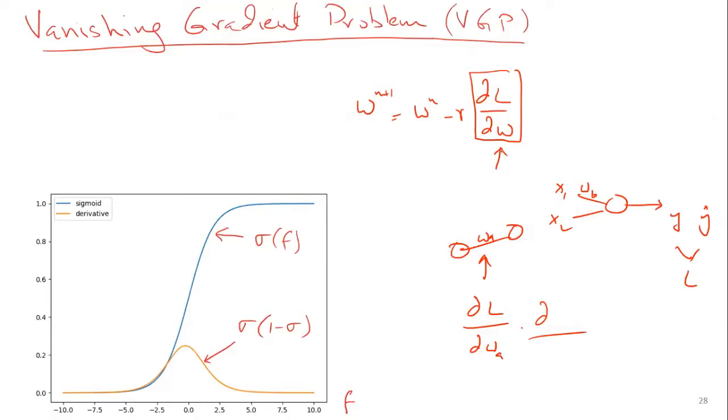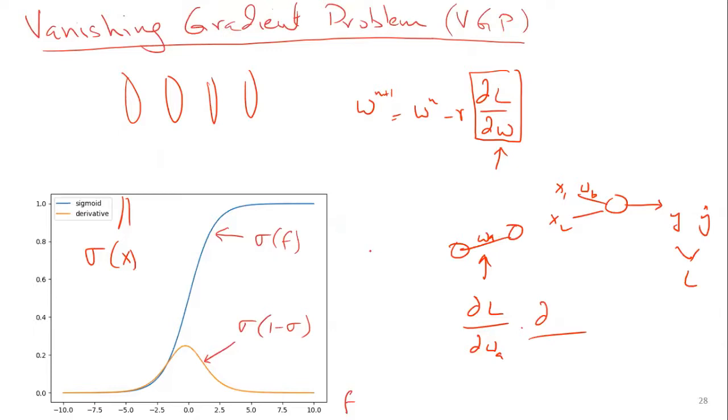The problem here is that as you go deeper into the network, if you have too many layers, and if you use the sigmoid function, okay, so here's the sigmoid function, sigma of x.